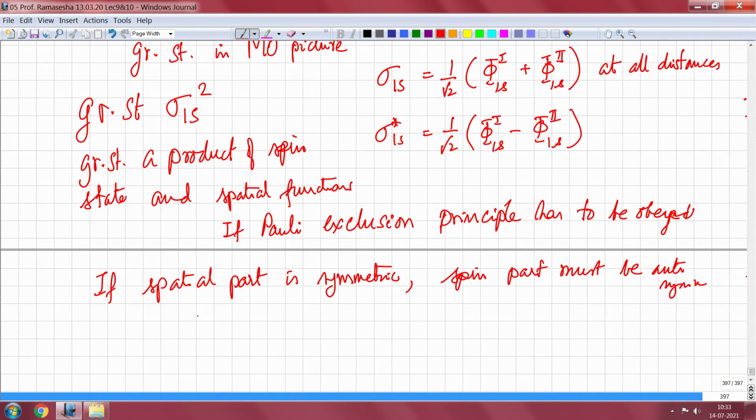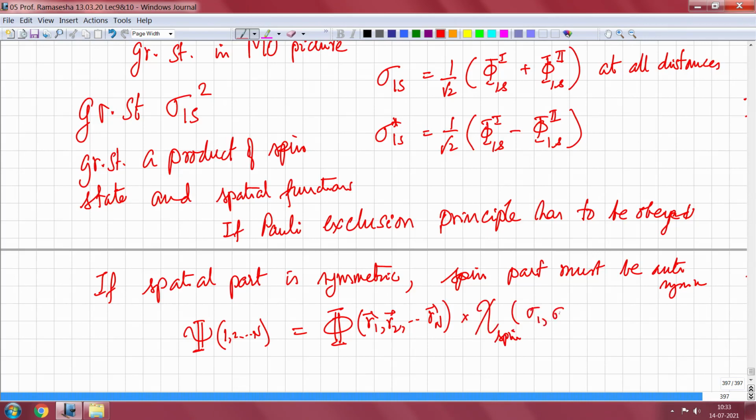That means that if I have a total wave function of particles 1, 2, up to n, then this will have a spatial part which will go as R1, R2, up to Rn, multiplied by a spin part which is sigma 1, sigma 2, up to sigma n, where sigma can be either alpha or beta, up or down, whatever you want to call.